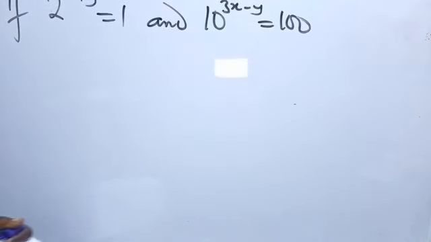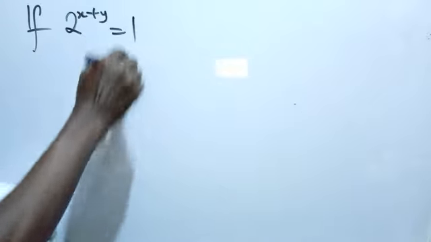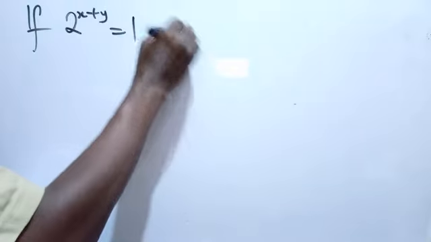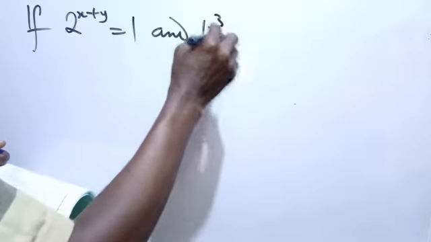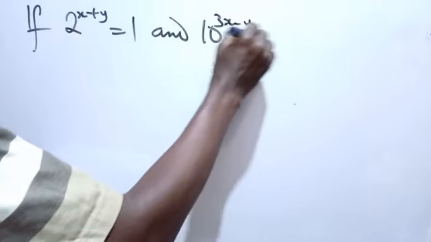Let me rewrite the question so that you're able to see well. 2 raised to the power x plus y is equal to 1 and 10 raised to the power 3x minus y is equal to 100.